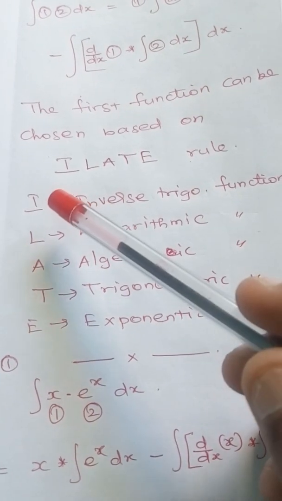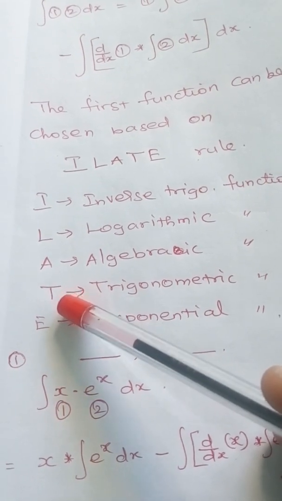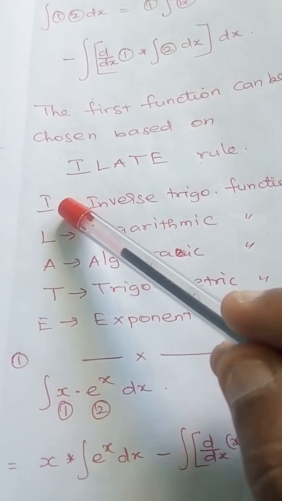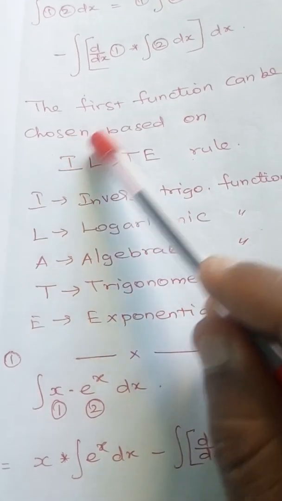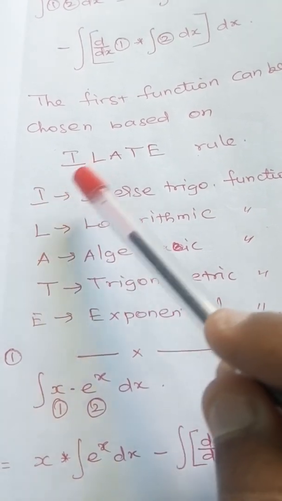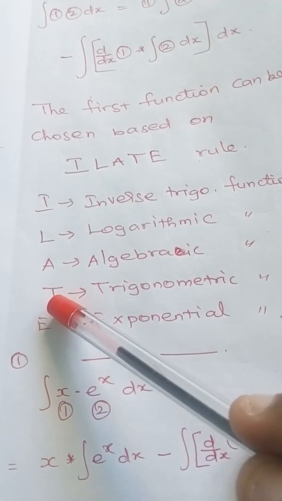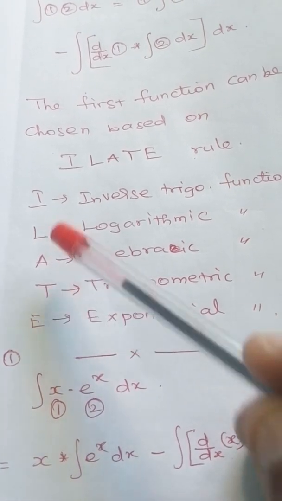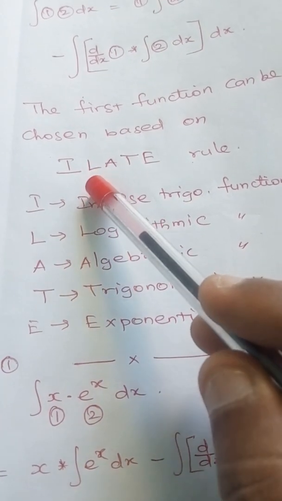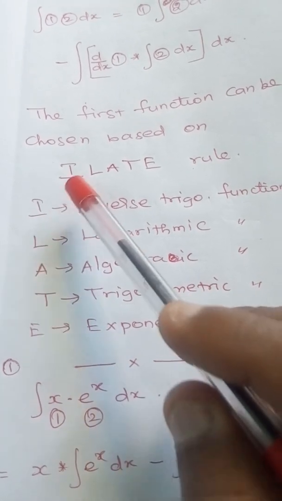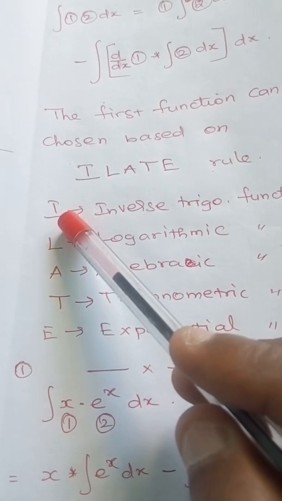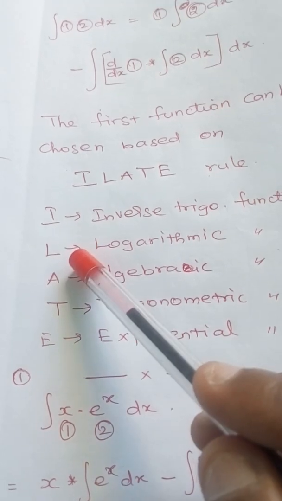For example, if you have an inverse trigonometric function and a trigonometric function, you need to find the integration of the product. As per ILATE, I comes first, hence the inverse trigonometric function should be considered as the first function, and the trigonometric function as the second. In case you are given a logarithmic function and an inverse trigonometric function, as per the ILATE rule, I comes first, so the inverse trigonometric function should be the first function and the logarithmic function the second.